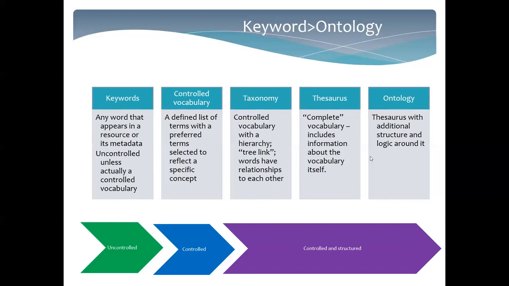So rather than recording a subject term, you would actually link out to a record or link out to that representation of that subject. Ontologies are very helpful when you are really starting to look at interchangeability of metadata, or you're looking at being able to map from one system to another.